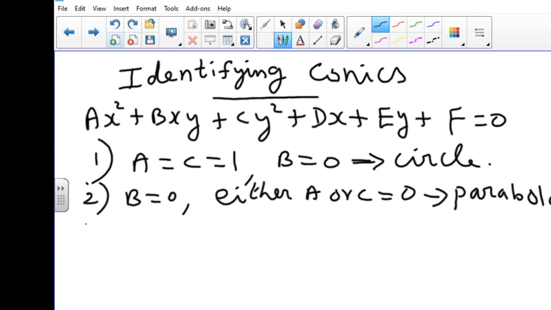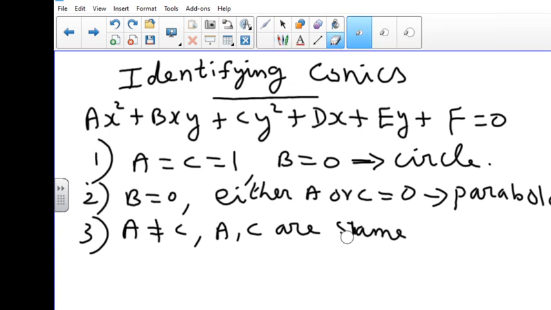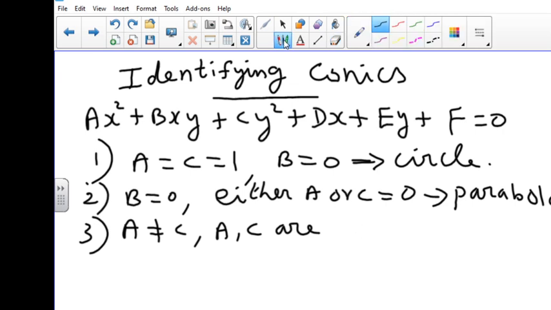Then the third one, when a is not equal to c and a and c are of the same sign, then it gives you an ellipse.